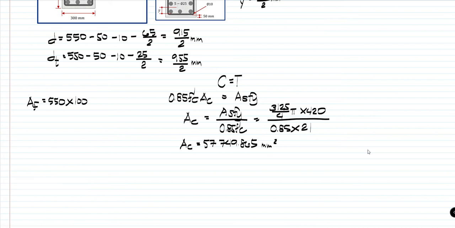So that will be a value equivalent to 55,000 mm squared, which is lesser than our concrete area. Therefore, we can say that our a is greater than the thickness of the slab, and we will analyze an irregular shaped beam.